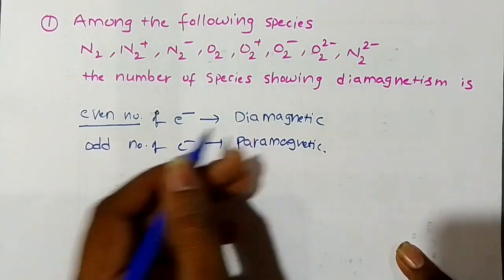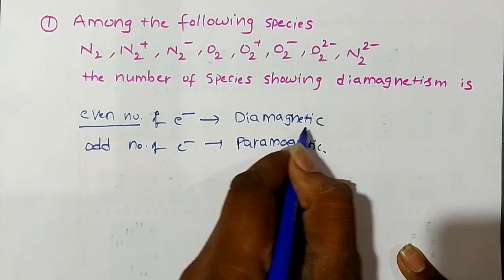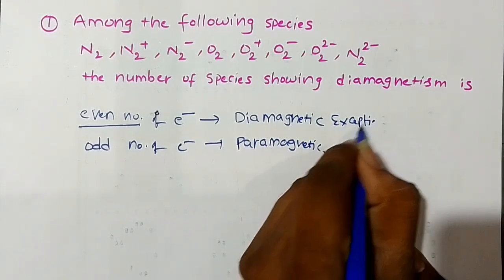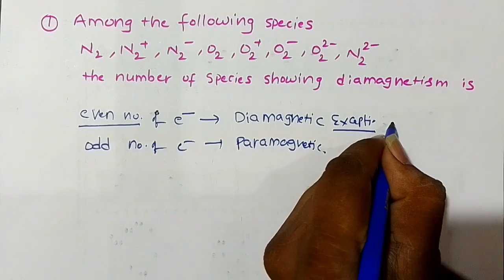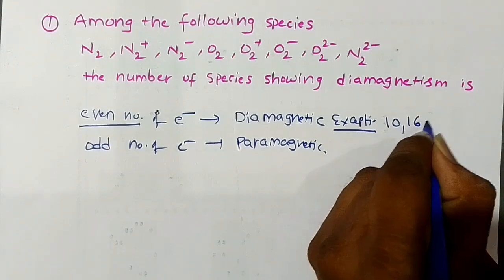But there are some exceptions. The exceptions are the species which contain 10 and 16 electrons.